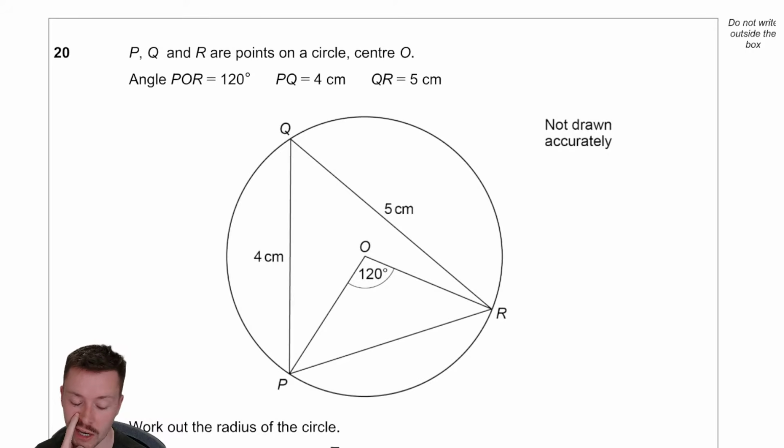Point of doing further maths A level. Good question before I do this circle theorems question. When I did my degree, a lot of the further maths A level content overlapped with my first year degree stuff. And I presume a reason why that's the case is because they want everyone to be up to the same level before you do your second year and your third year stuff, which typically your first year doesn't count in terms of your grading for your degree.